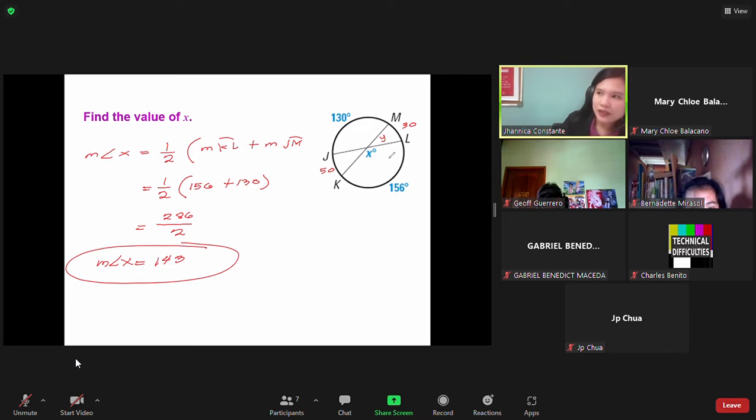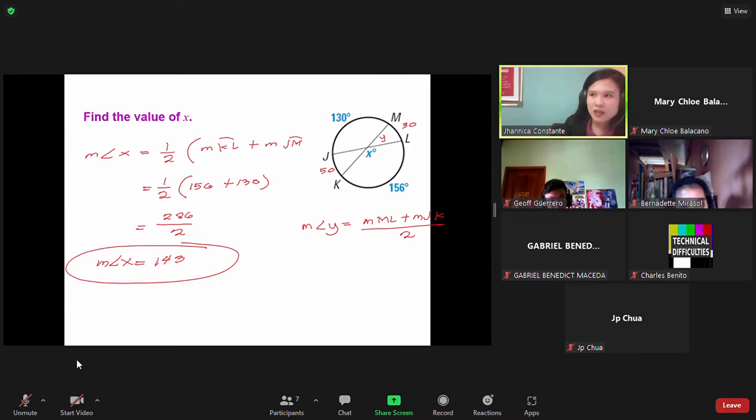So given that the measurements of arc ML and arc JK are present in the circle, the measurement of angle Y is equal to the measurement of arc ML plus the measurement of arc JK, divided by 2.